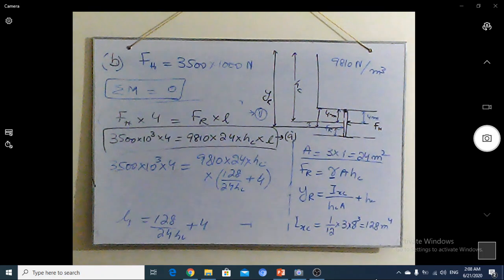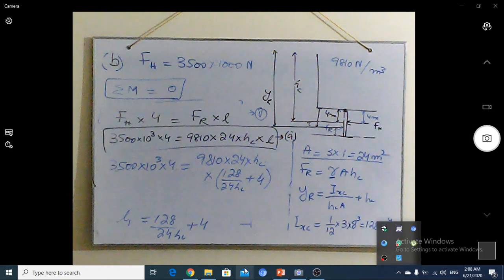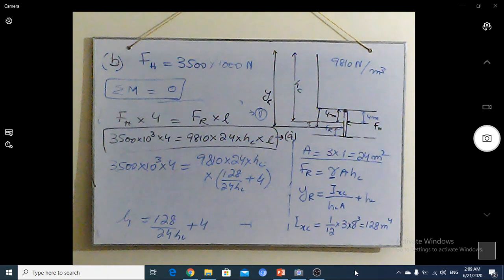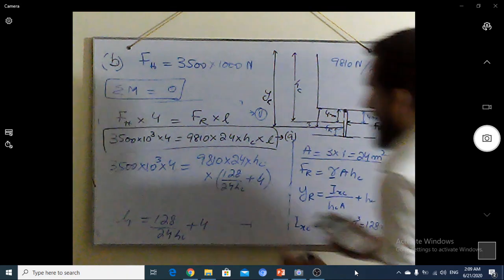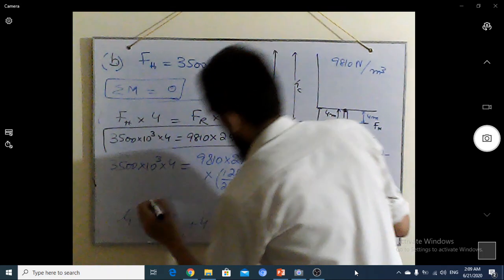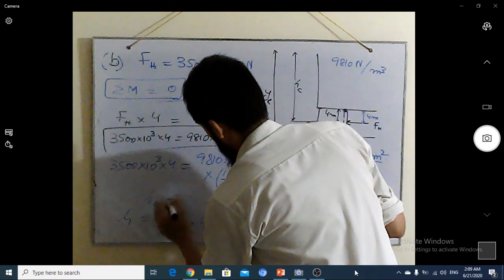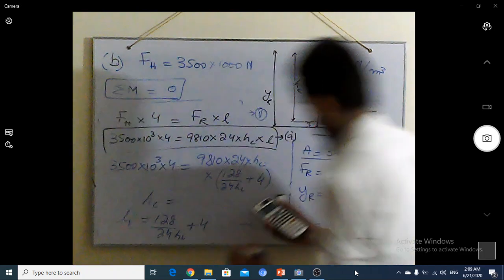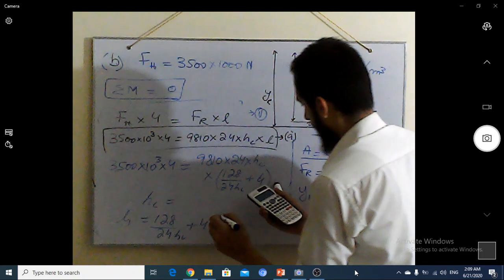So I just make this equation, and we come up with this value of HC, 13.532.